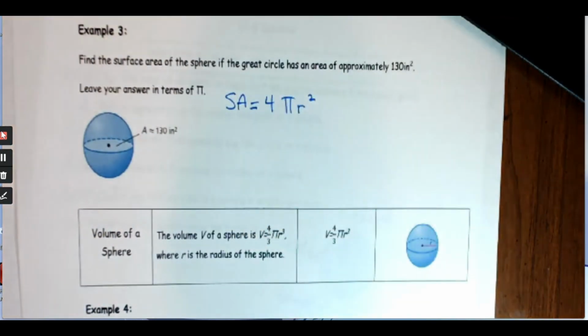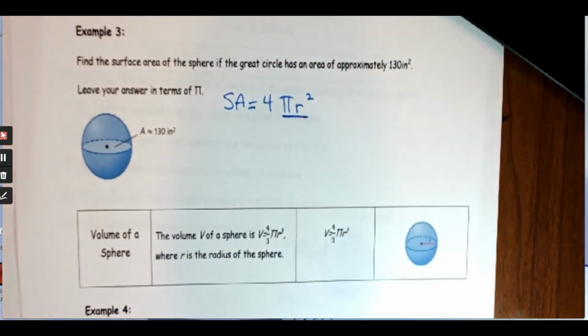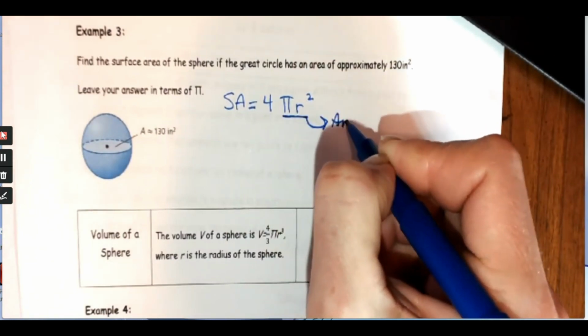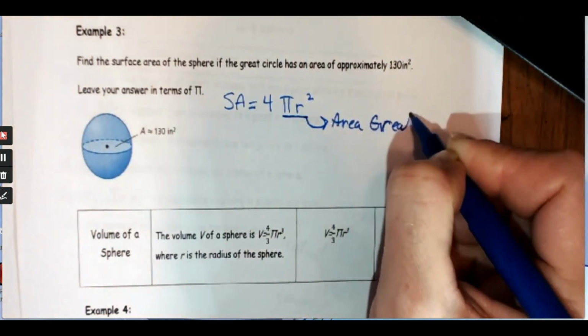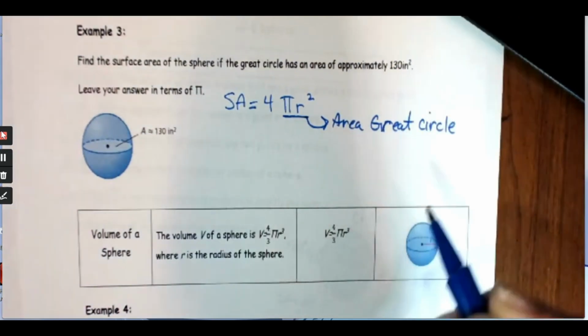Now, if we think back to what we talked about a second ago when we learned about great circles, we know that this right here, the area of this circle, is the same as the area of the great circle because the great circle has the same radius as the sphere.